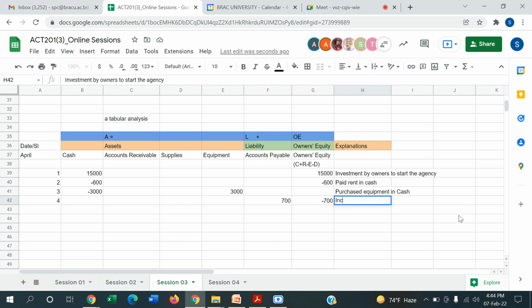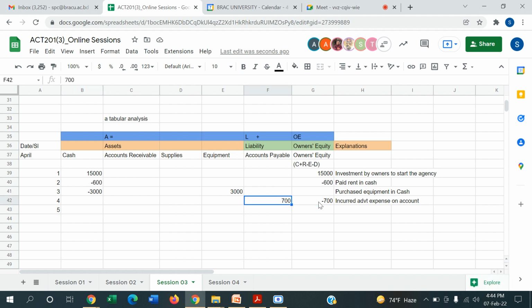Incurred advertising expense on account. In short. So both are increases, right, sir? Expense increase, liability increase. Okay, liability increases.